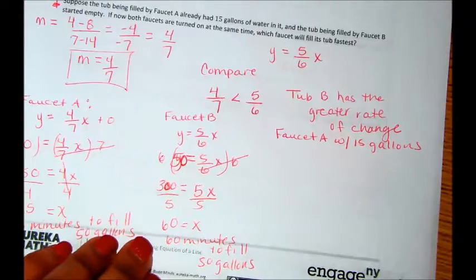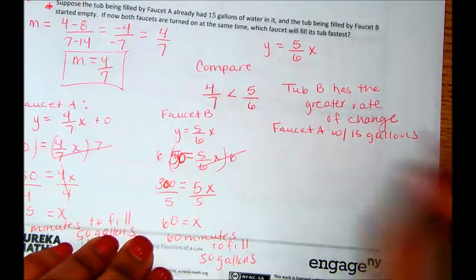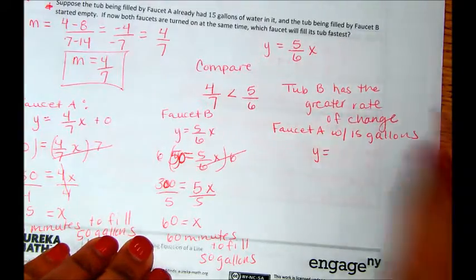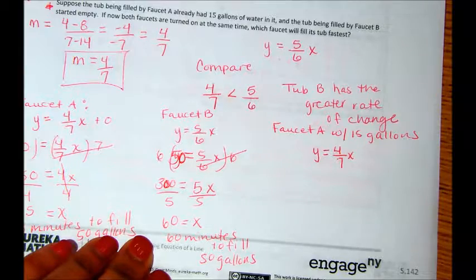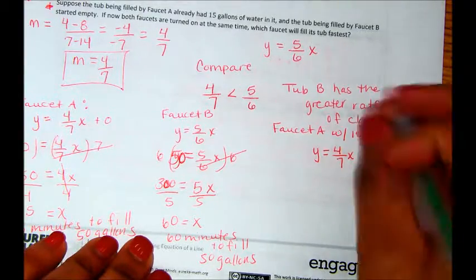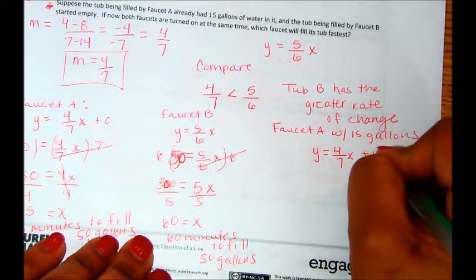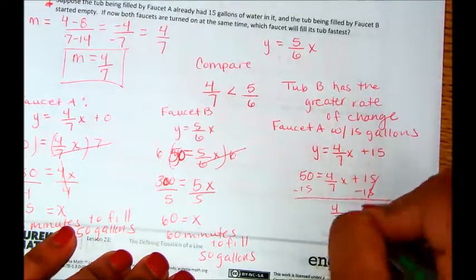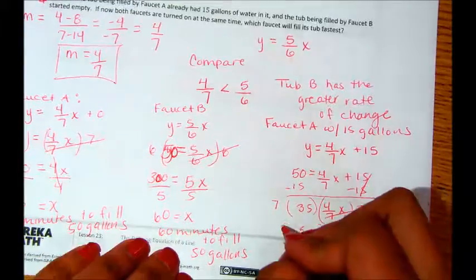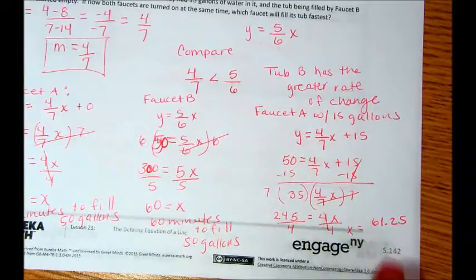What's the equation that represents faucet A with 15 gallons? Well, empty faucet A was y equals 4 over 7 x, and since I've been told I have an initial value of 15, I'm going to add on 15. X is going to equal 61 and 1/4 minutes.